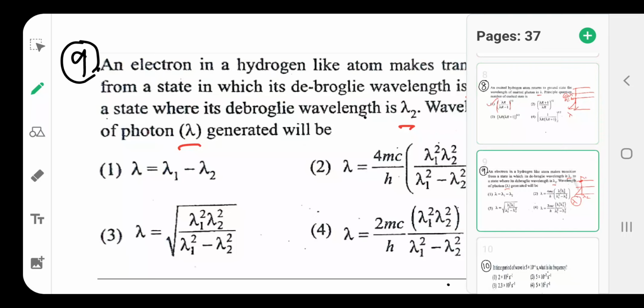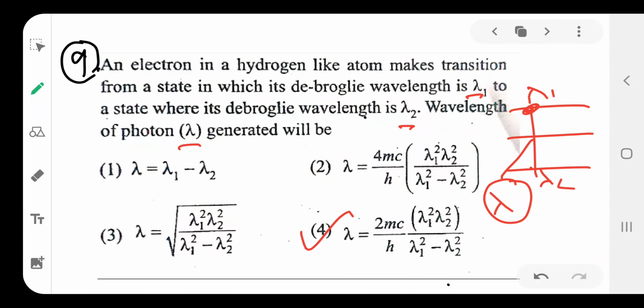That is the lambda value. So your option is 4. So this is question number 9.